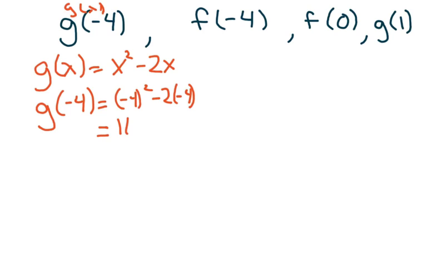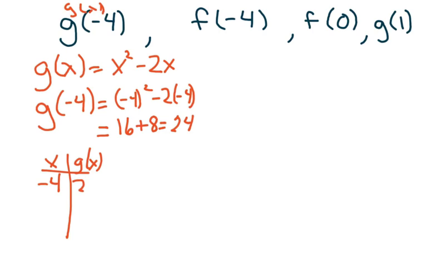So this is going to be 16 plus 8, and that equals 24. And so basically all you're doing is saying, well, when x is negative 4, my y, and this time we're calling it g of x instead of y, is 24. You're doing the same thing, but we can see it better. We can see what our x is without having to do a table.